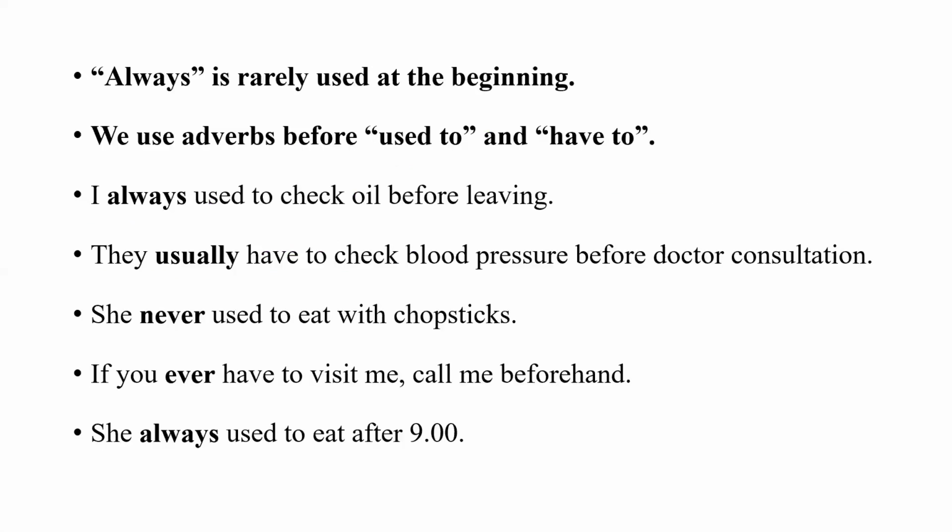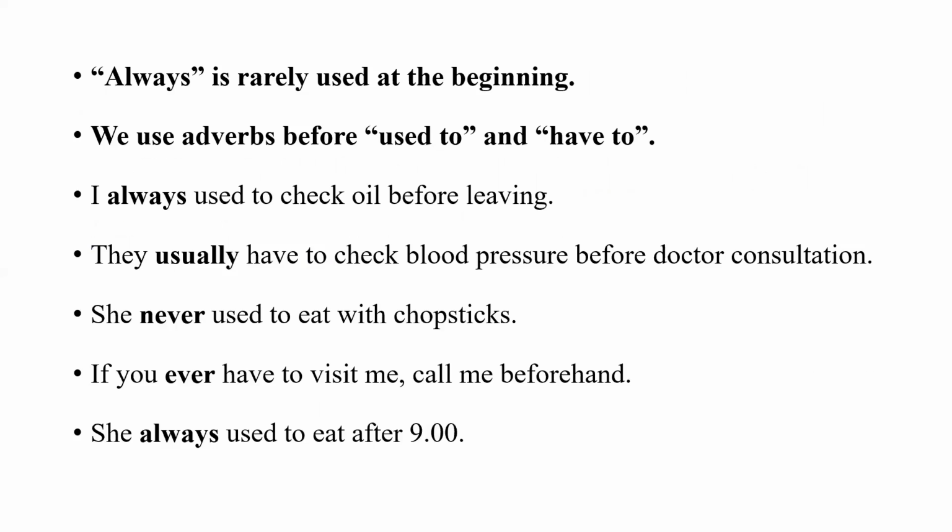When it comes to adverbs of frequency, we rarely use always at the beginning. The next point is we use adverbs before the phrases used to and have to. For example, I always used to check oil before leaving.